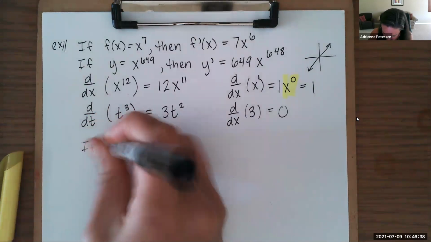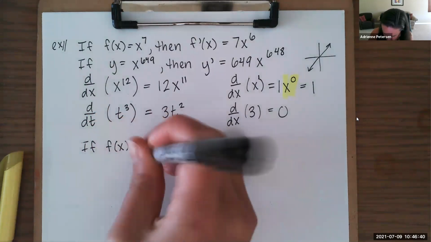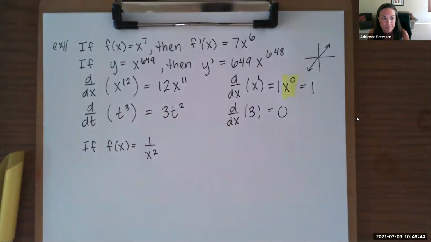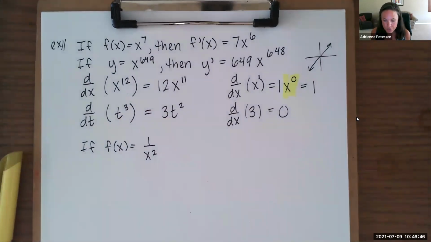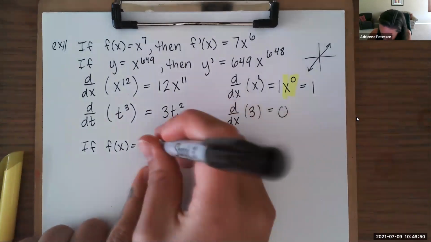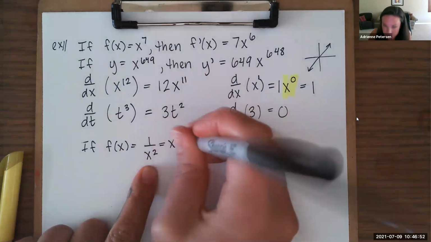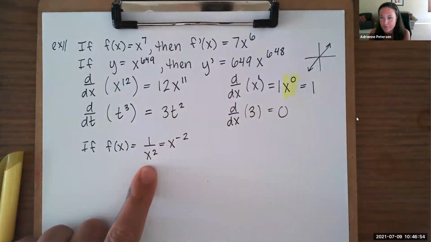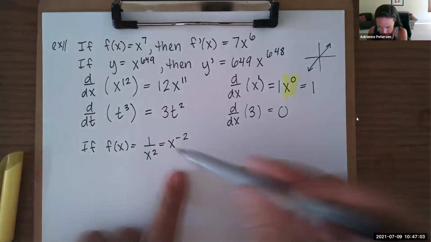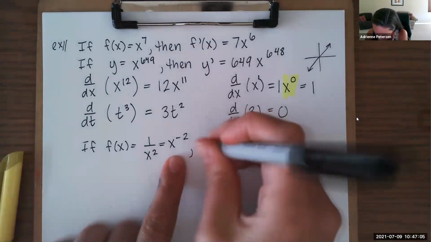How about if f of x is equal to 1 over x squared, how do we find the derivative? The first thing I'd like to do is refresh your memory that anytime we have an exponent in the denominator, we can rewrite this as x to the -2. Remember, anytime we move something between the numerator and denominator, the sign changes.